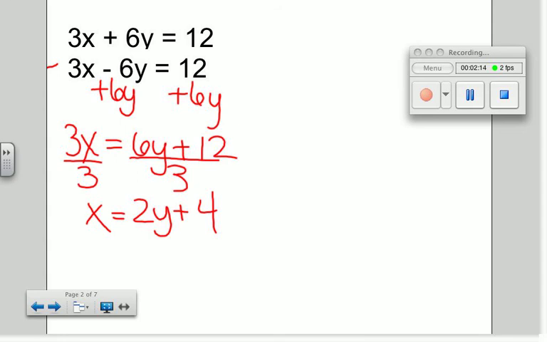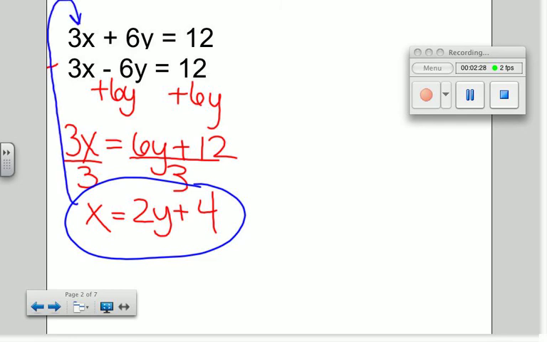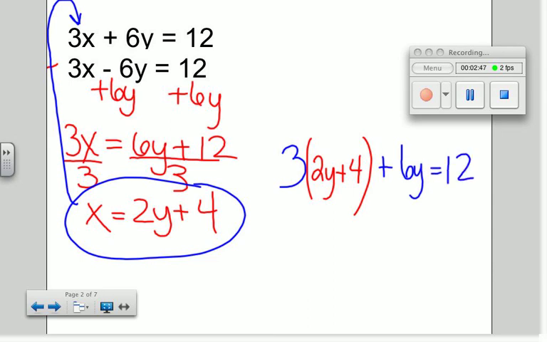What we do with that is we take this x equals 2y plus 4, and we substitute it into the other equation that we didn't work with. So I'm going to substitute it into the top equation, 3x plus 6y equals 12. So we have 3 times, substituting in this x, 2y plus 4, plus 6y equals 12.